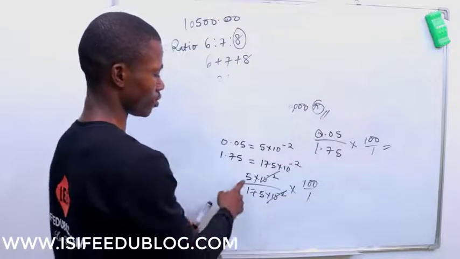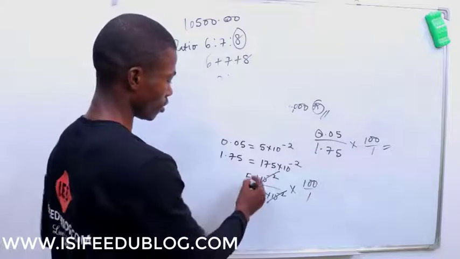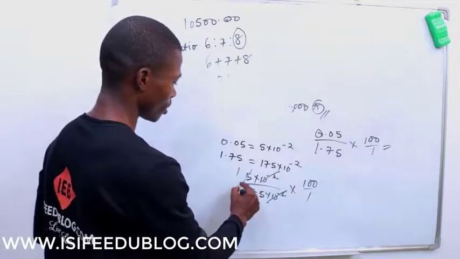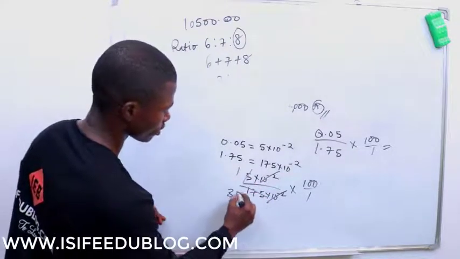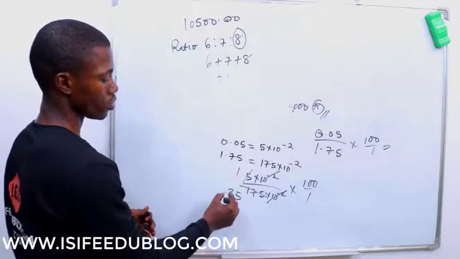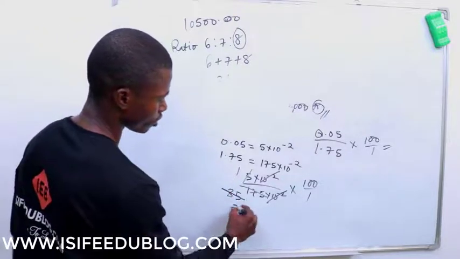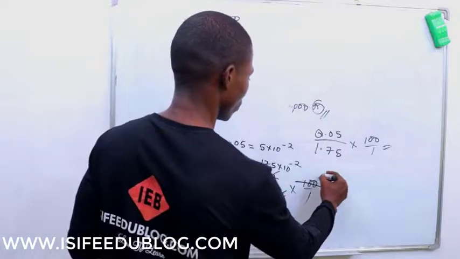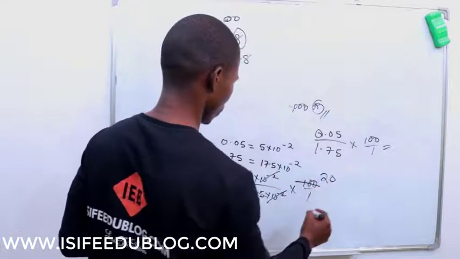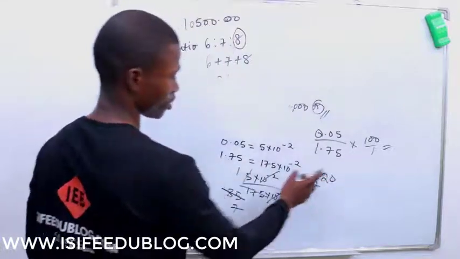Okay, let's divide first. 5 divided into itself is 1, and 5 into 175 is 35. You can also go ahead and divide 5 into 100, which is 20.